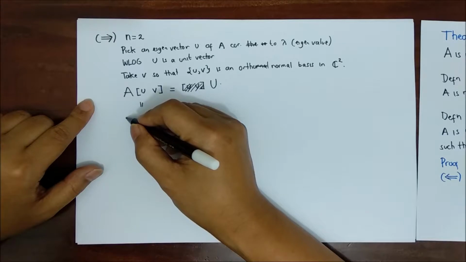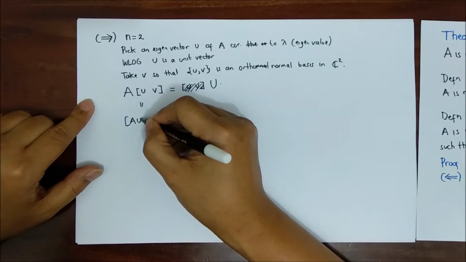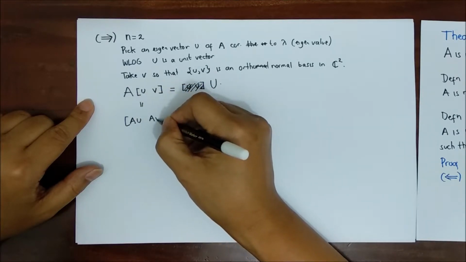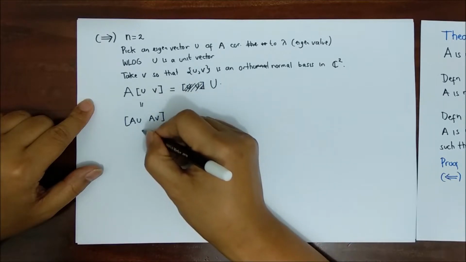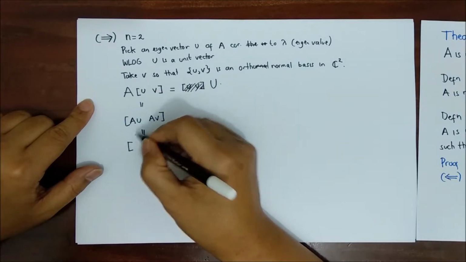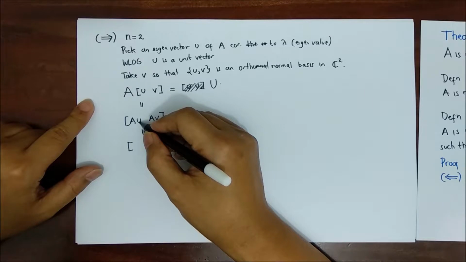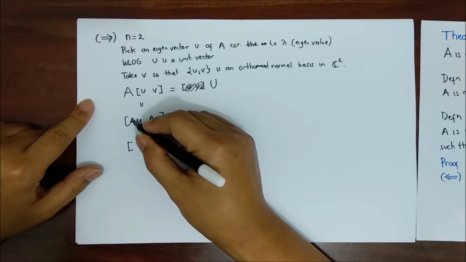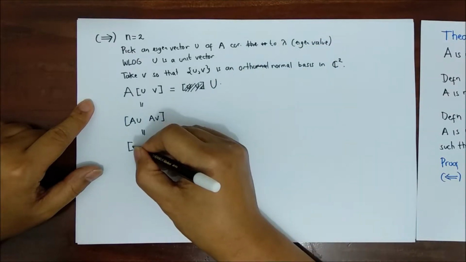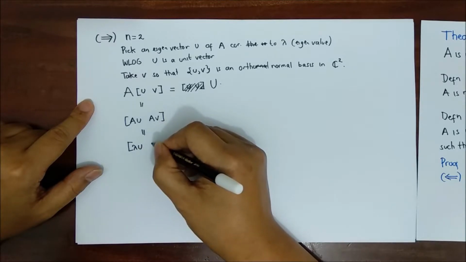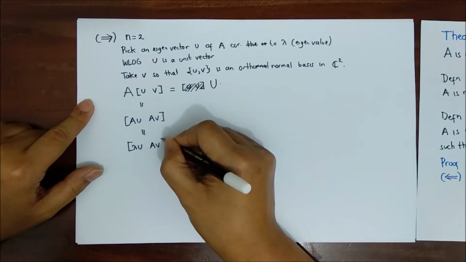A times u is Au, A times v is Av. But Au, because u is an eigenvector of A corresponding to lambda, is equal to lambda u, and this is Av.